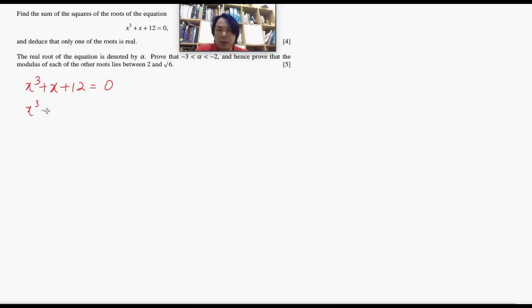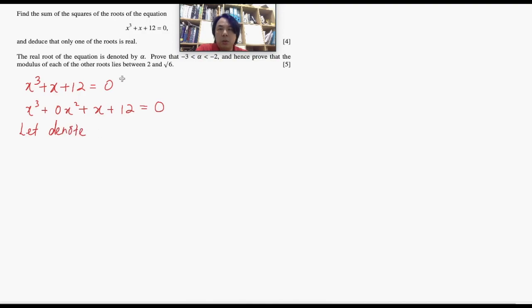It will be much easier. Here we can recognize all the coefficients for x cubed, x squared, x, and its constant here.